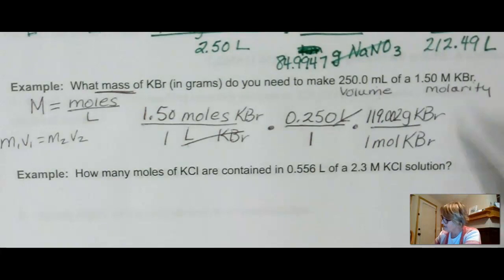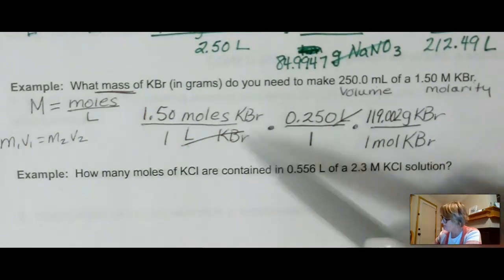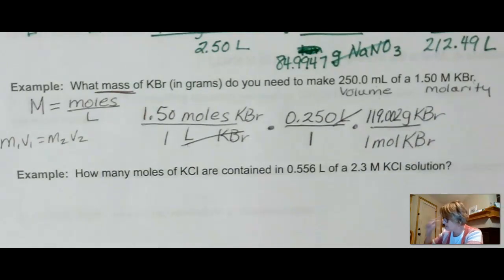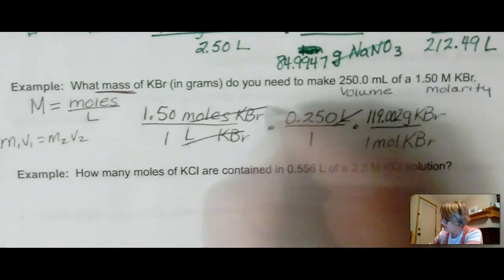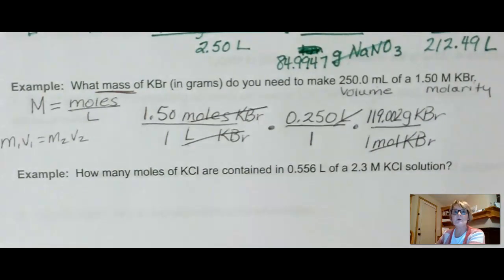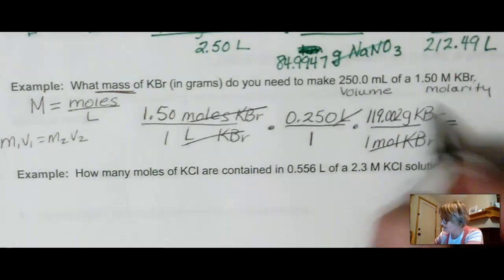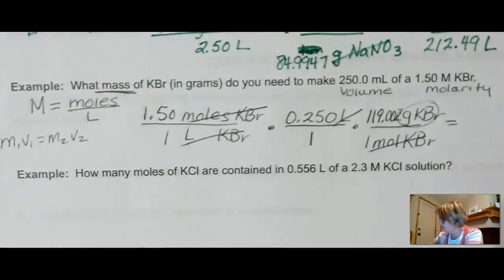The number I come up with is 119.002. Check my math on that. My moles cancel out, and now all I have left is the grams that I need. The rest of it is just a calculation.